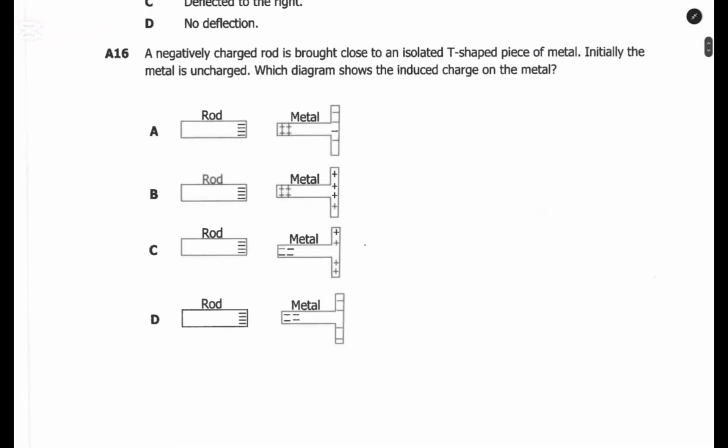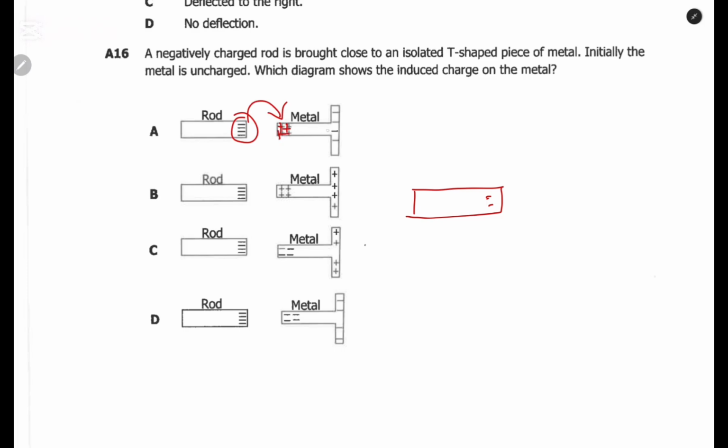Then question 16. A negatively charged rod is brought closer to an isolated T-shaped piece of metal. Initially, the metal is uncharged. Which diagram shows the induced charge on the metal? Always know that the induced charge should be opposite to the charge. Here we have the negatively charged rod, so it will induce the opposite, which is positive.